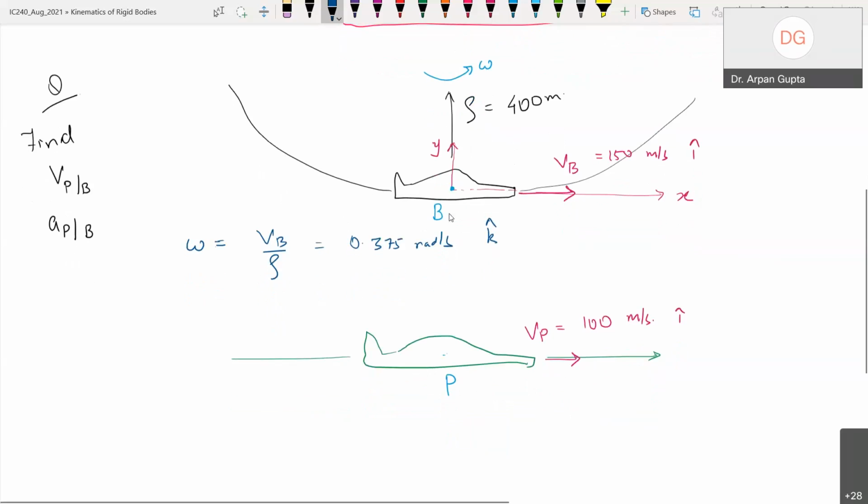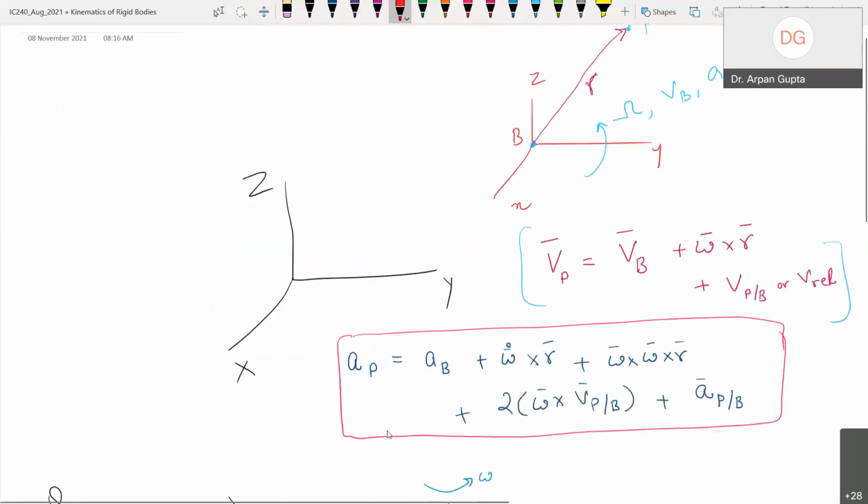Now, since we are observing things from a rotating reference frame, we have to use this equation: velocity of point P is equal to velocity of the frame B itself plus omega cross r vector plus the velocity of P as observed from B.